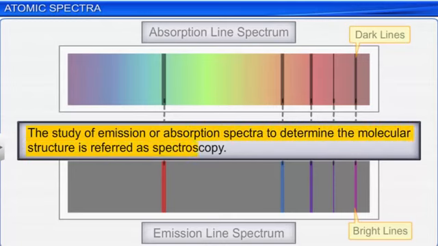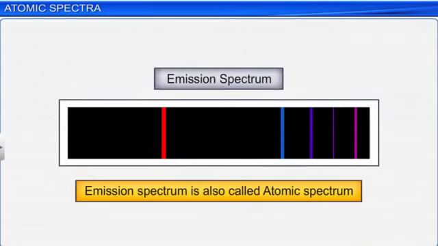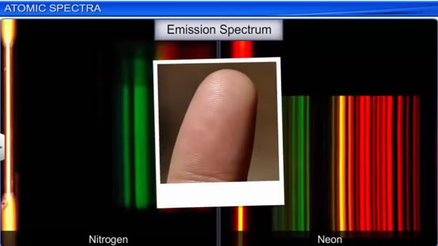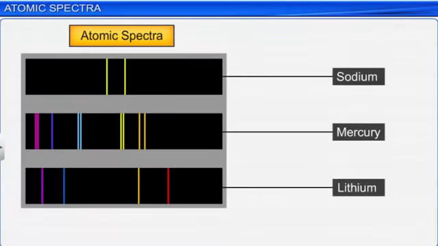The emission spectra are also sometimes called atomic spectra because each atom has a unique emission spectrum, just like each human being has unique fingerprints. The characteristic lines in atomic spectra can therefore be used in chemical analysis to identify unknown atoms.